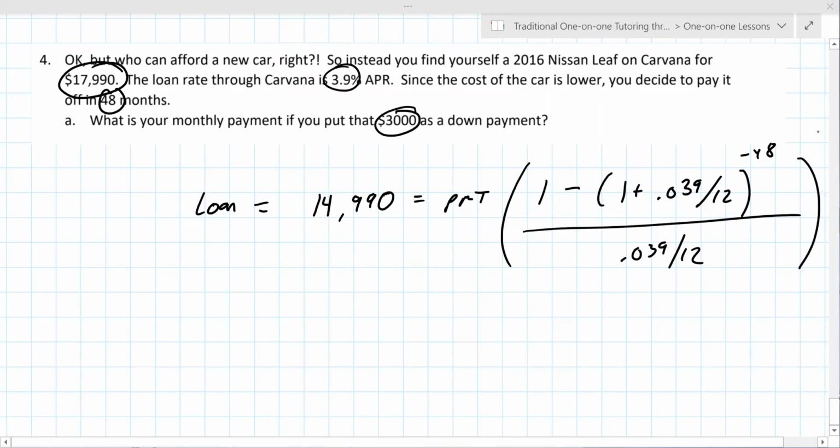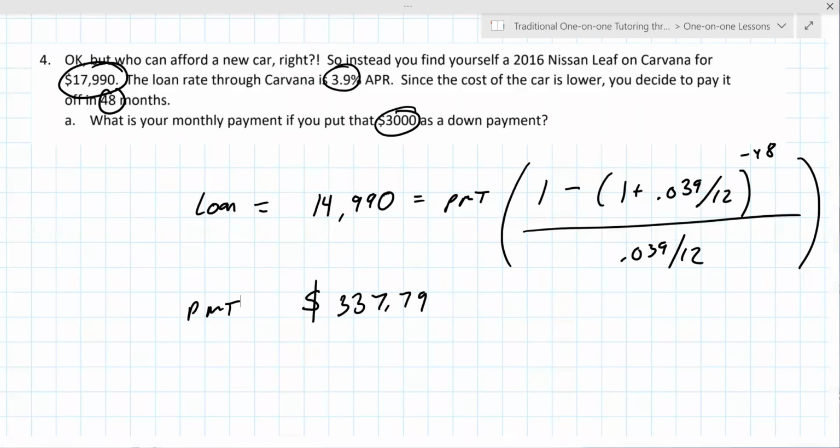So we'll do another calculation here. And your payment here is $337.79.